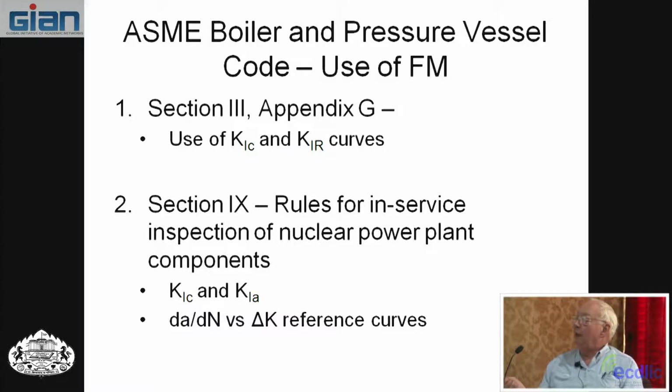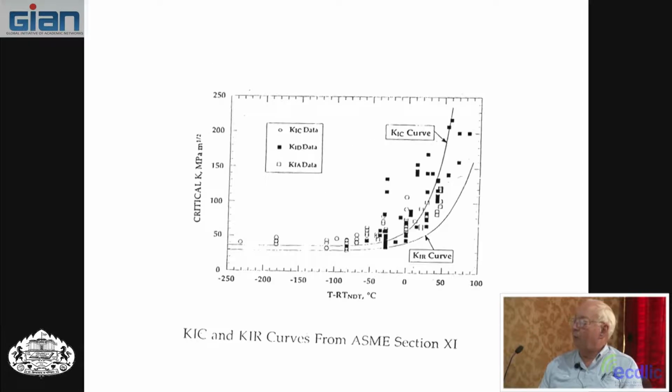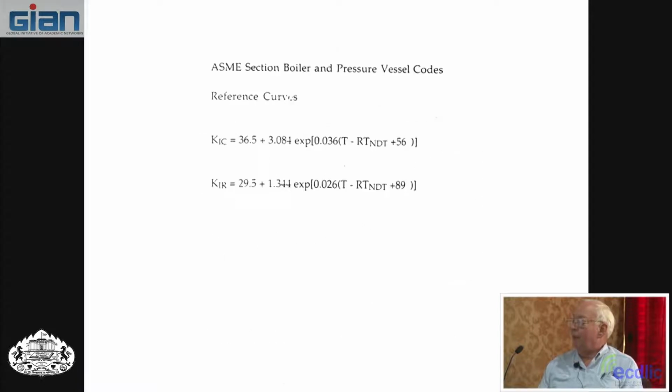Let's talk a little bit about the fracture mechanics code from ASME. We mentioned that, I think, last week about section 3 construction rules and section 11. This should be 11 instead of 9, but section 11 is inspection rules, and they use these reference curves that we talked about. One is a reference for K1C data.